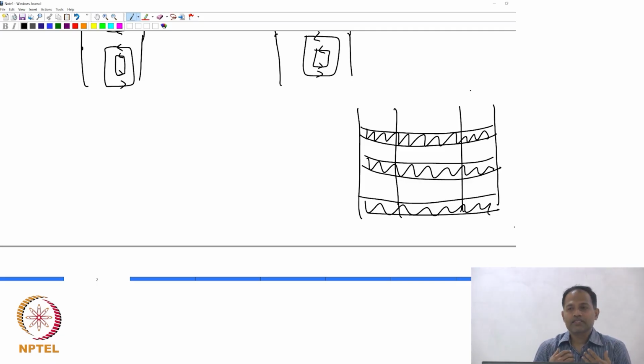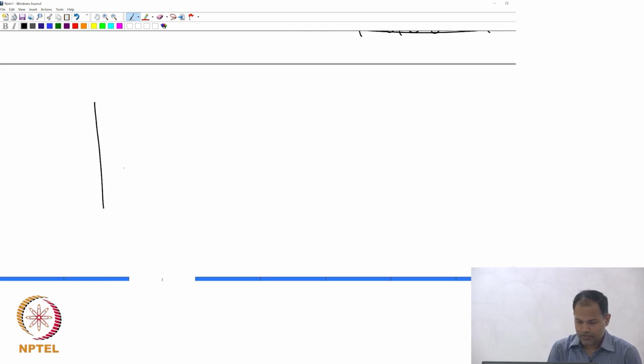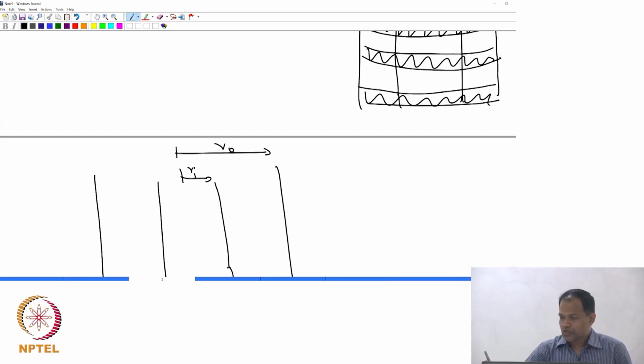Now, if you increase the Taylor number further, even this becomes unstable. So, in addition, that is my inner and outer cylinder, that is my Ri, this was my Ro.